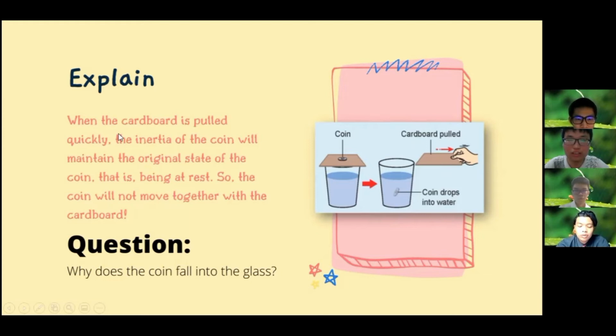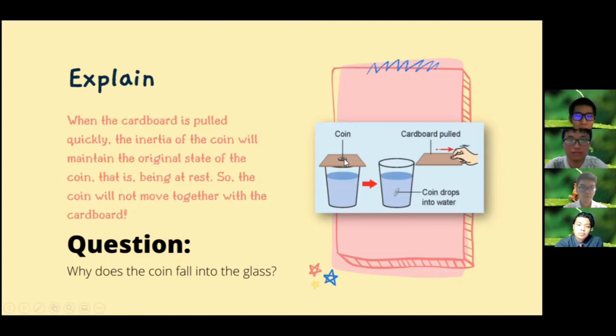Because the original state of the coin was at rest. So when we pull the cardboard, the coin still stays at rest, and then it will drop into the water. Yes. So my question to you is, why does the coin fall into the glass?